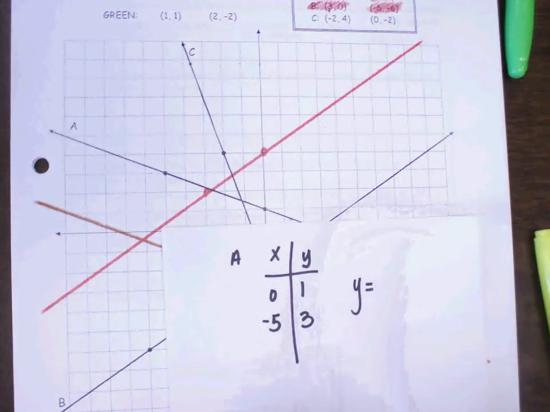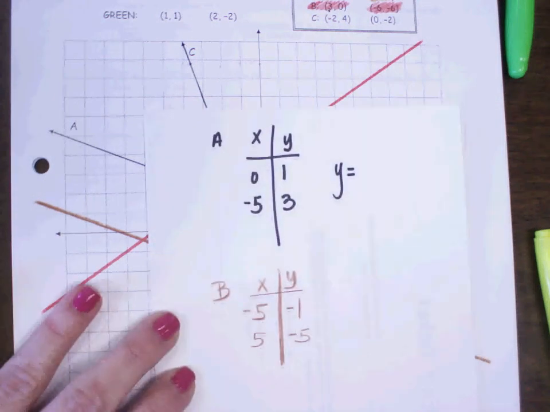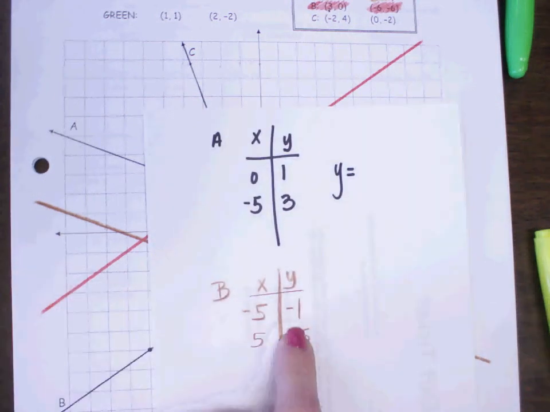And then let's go to stat and come up with that equation. And my points for brown were -5 and -1, and 5 and -5.